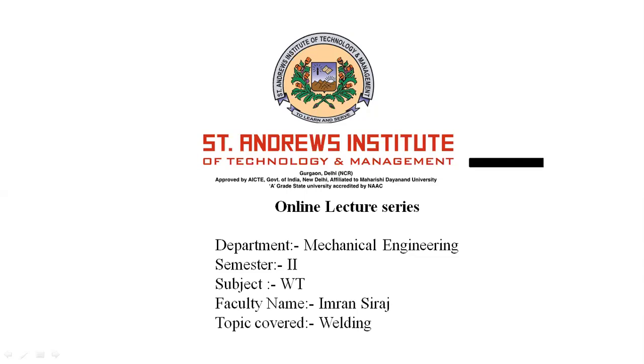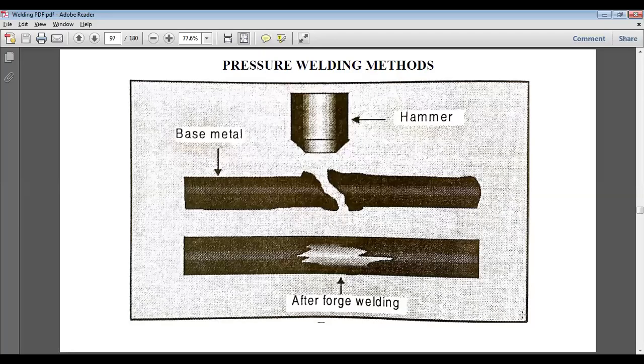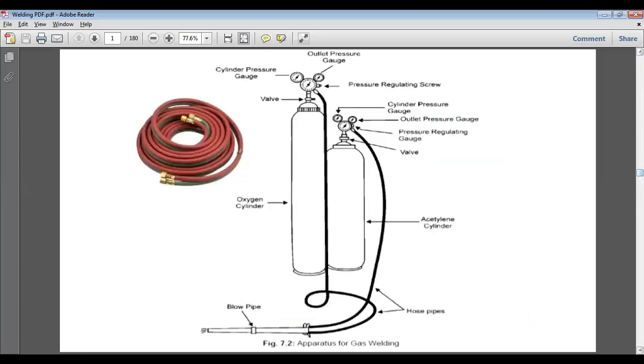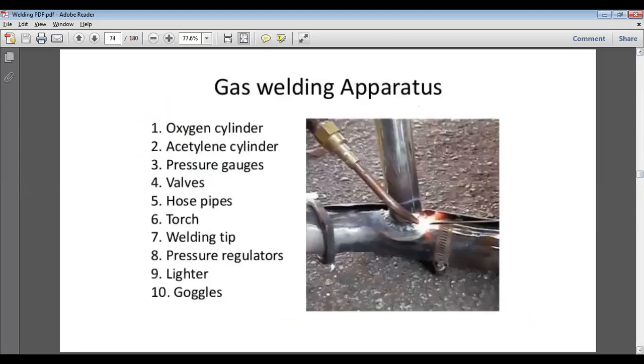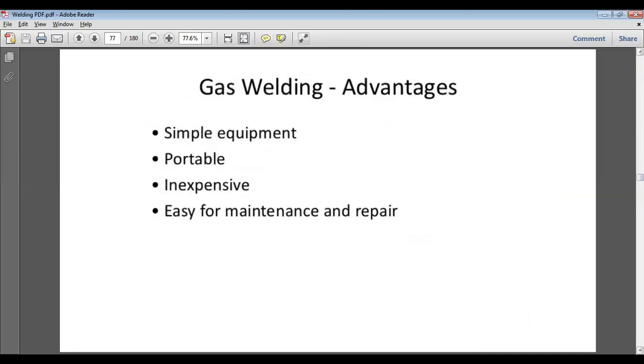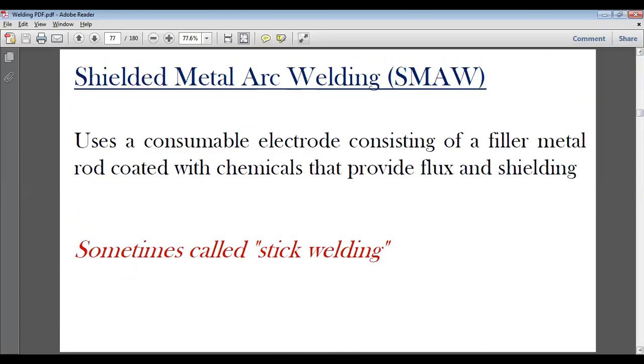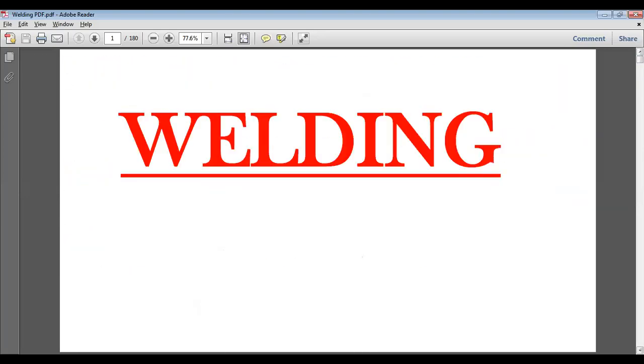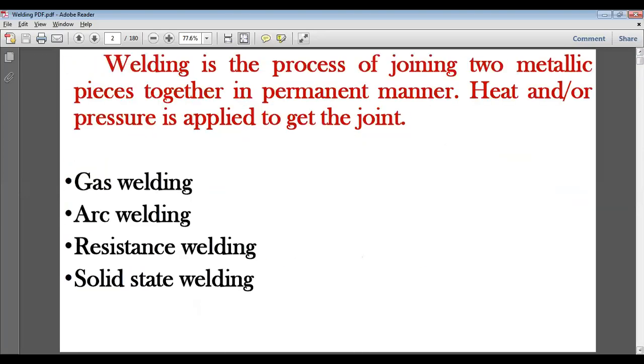So this time we are going to talk about pressure welding methods. Just a quick review: this is how we produced the heat used to join two metals.